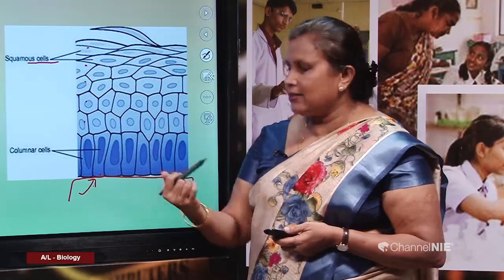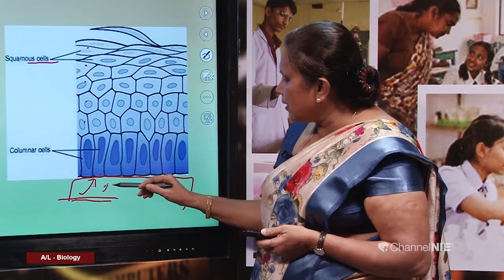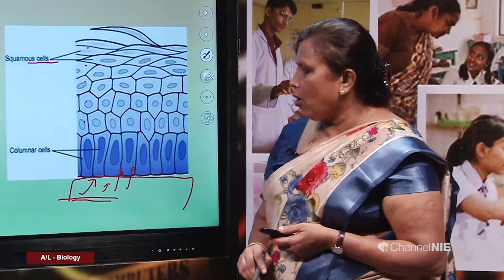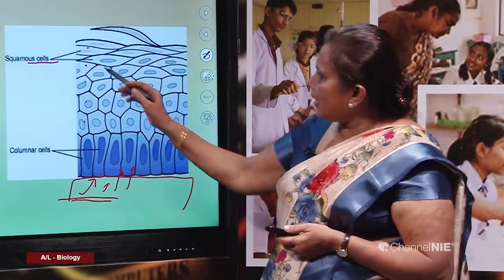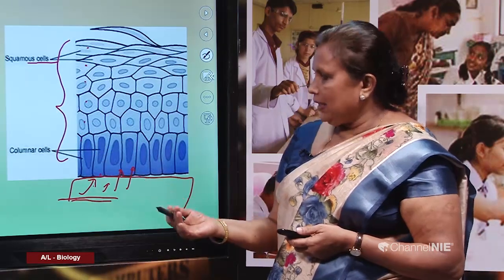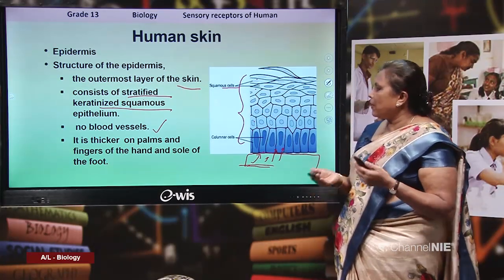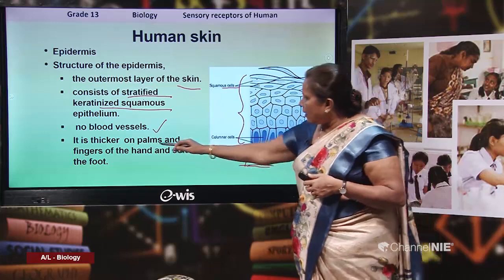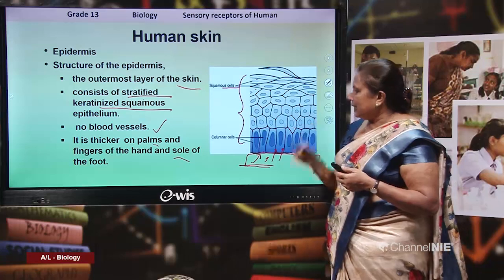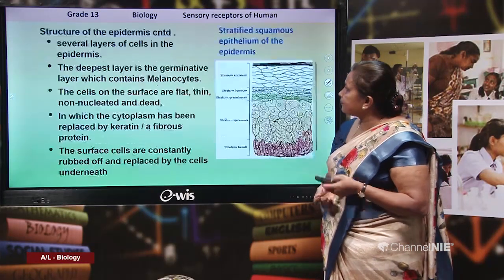So through these, by diffusion, these cells get nutrients and oxygen. The thickness of the stratified squamous epithelium is different in different parts of the body. The palms, fingers and soles of the feet are thicker compared to the rest.